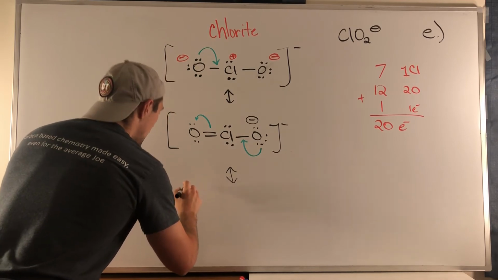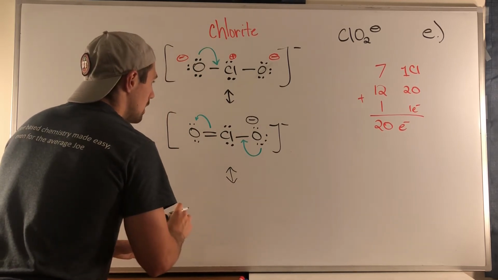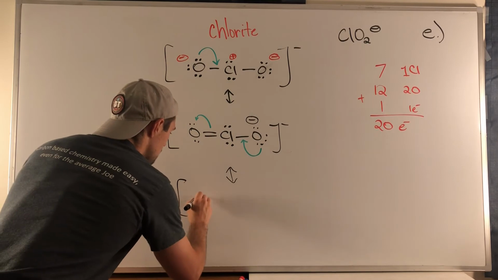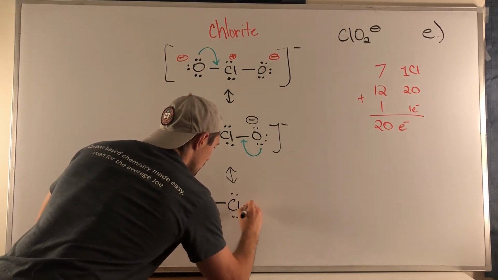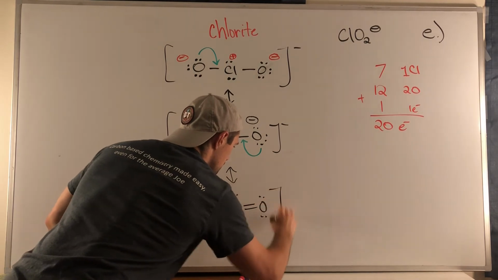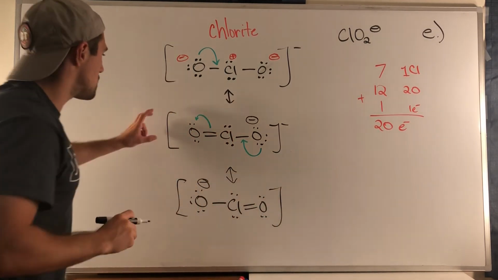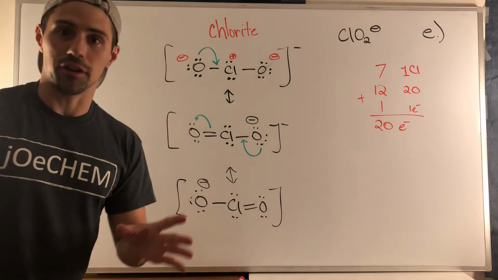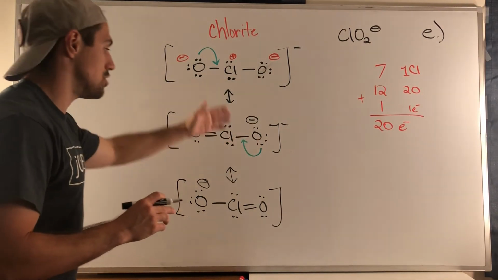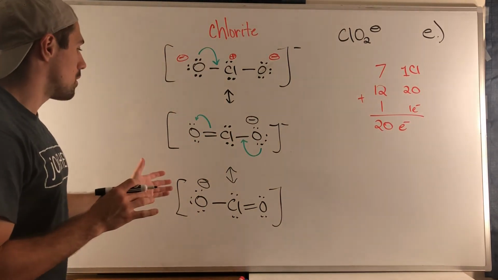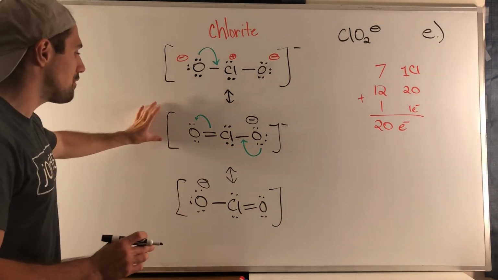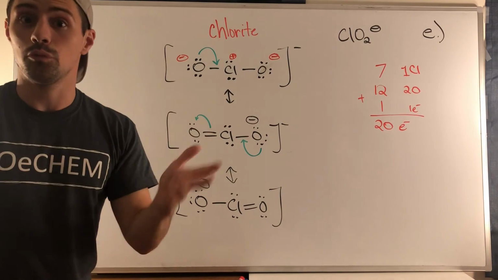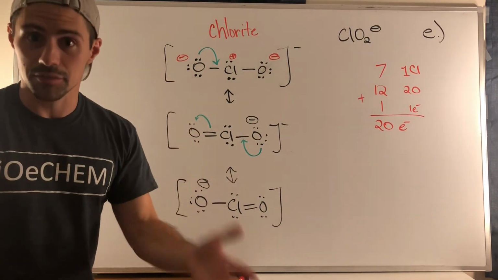So really, these two are the same, but they're different because there are 2 oxygens, even though they're symmetrical, right? You can almost think of these oxygens as sharing the charge in a way. Basically, we have the ability to draw the same resonance structure twice, right?